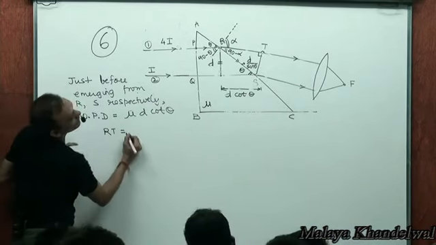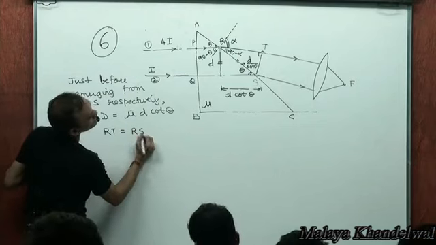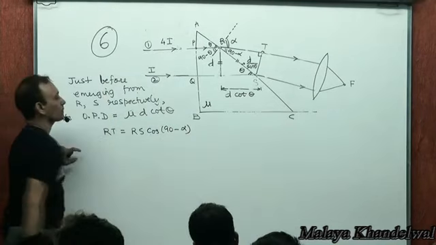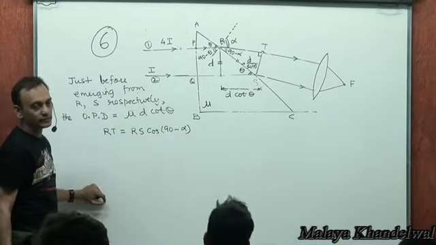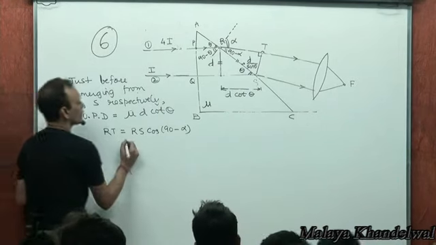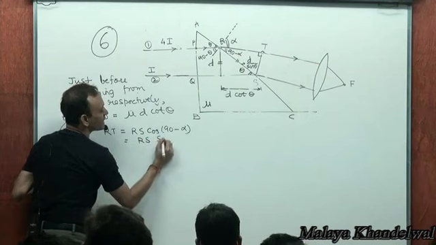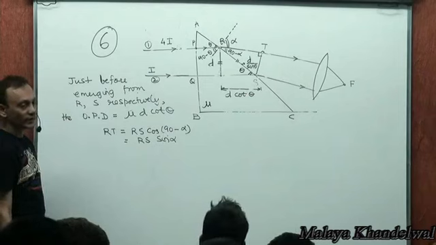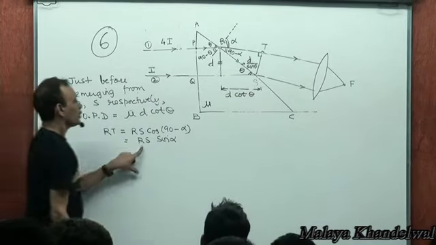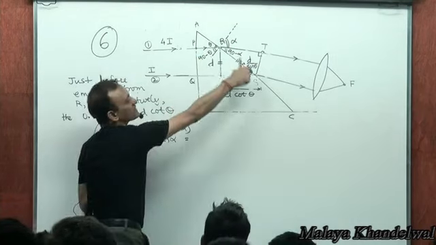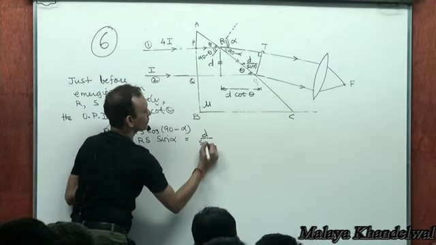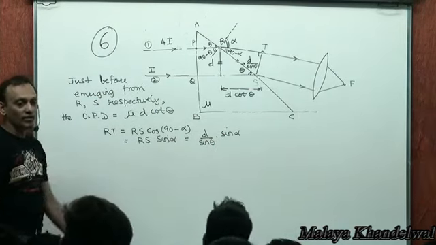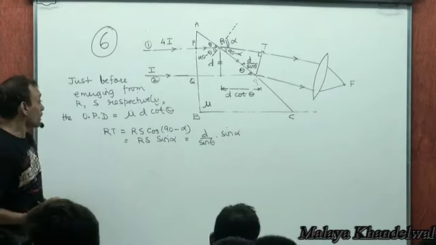RT would be RS cos(90 minus alpha), that means RS sin alpha, right? Where RS is d by sine theta, times sin alpha.